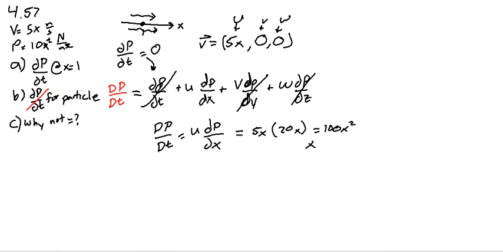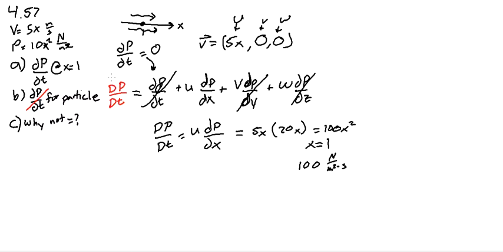X is at point, this is looking at a particle as it is at point 1, while it's passing point 1. So at point 1 in particular, the change in pressure is 100. I imagine this would be newtons per meter squared per second, which should be a multiplication sign. Yep.